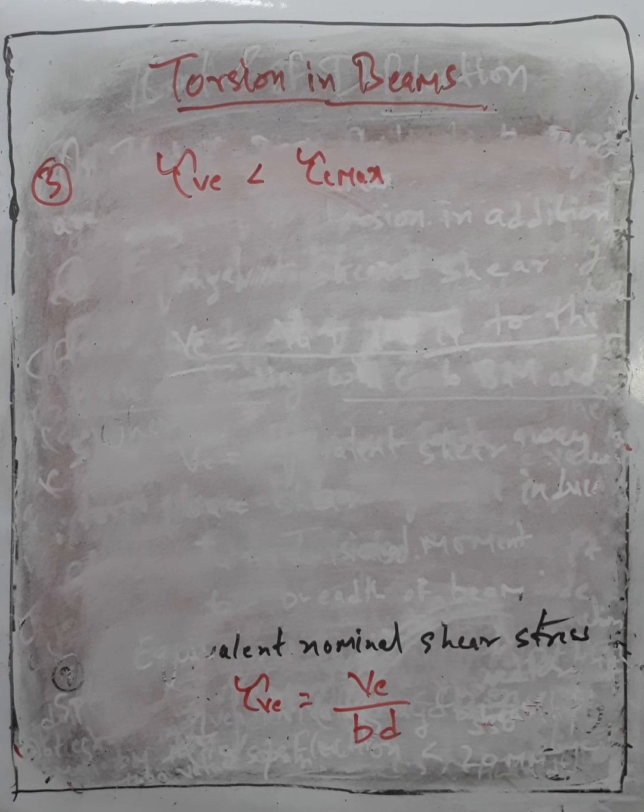If you find tau VE is greater than tau C max, then you have to redesign the section. But if you find tau VE is less than tau C max, then it's safe for design. So the third step is to find tau C max and see that tau VE is less than tau C max. If tau VE is greater than tau C max, then you have to redesign this member.